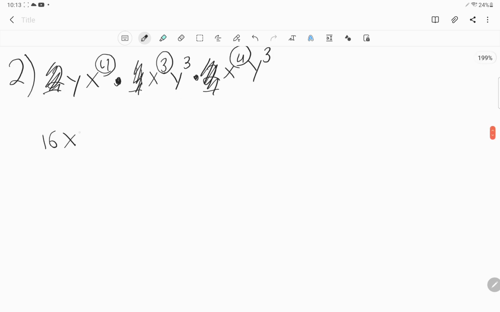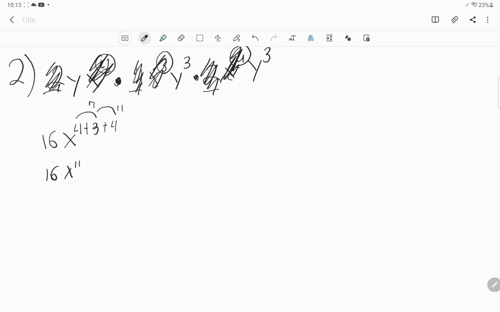I'm going to rewrite them right on top: 4 plus 3 plus 4. 4 plus 3 is 7, and 7 plus 4 is 11. So x is going to be to the 11th power. Now we're done with all the x exponents, so I'm going to delete them.